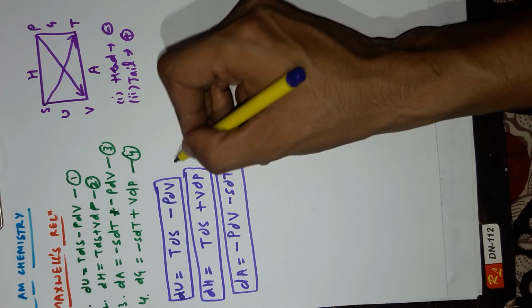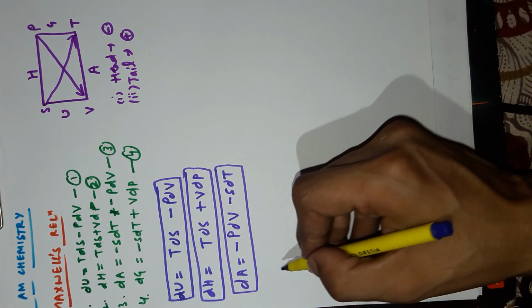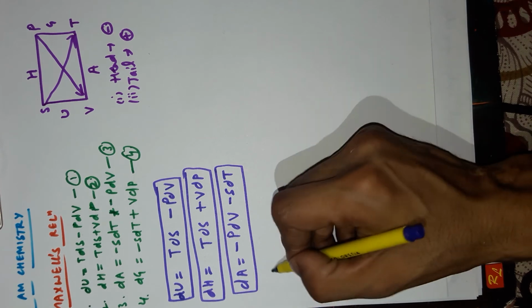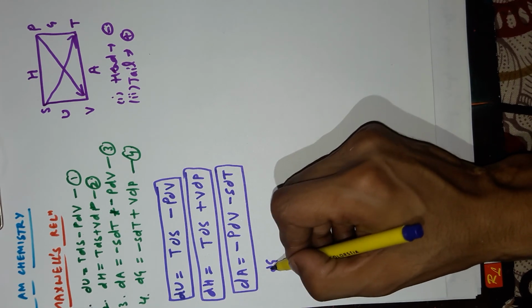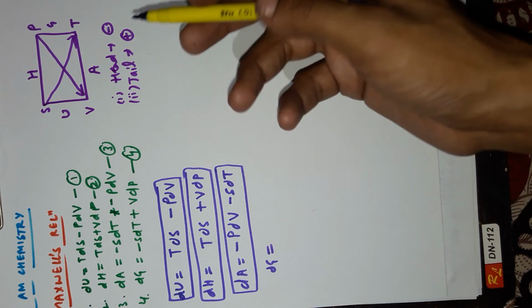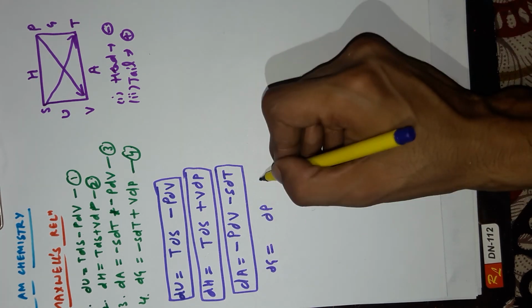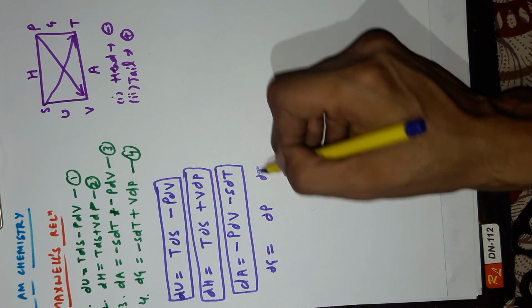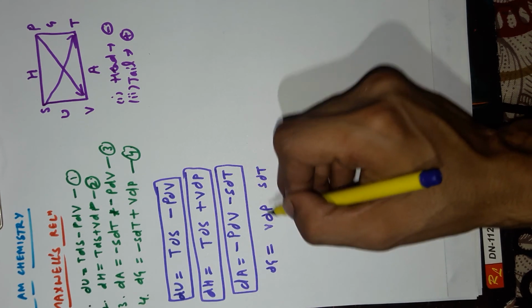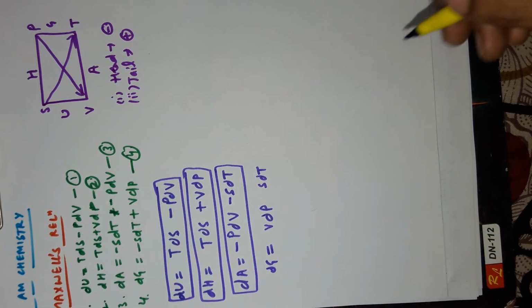And the fourth relation I am writing here: dG, the change in Gibbs free energy. For G, we have dP, change in pressure, and dT, change in temperature. So for temperature we have S, and for pressure we have V, and let's put the sign between them.